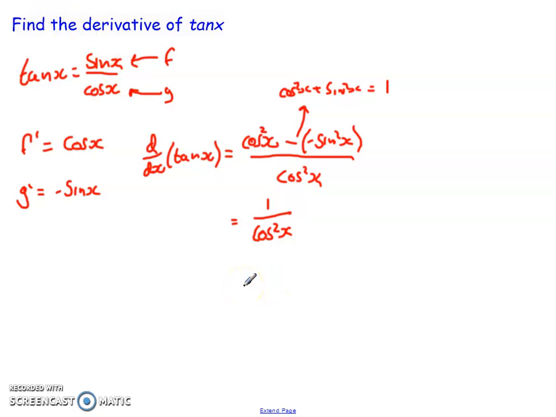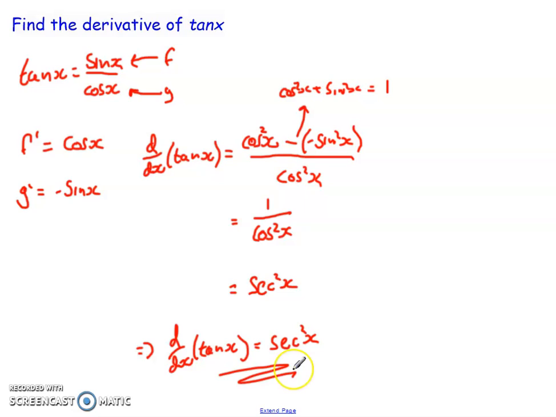Now 1 over cos is sec x. Look at the special trig functions video. So what that means is that it's sec squared x. So what we're then able to say is that the derivative d by dx of tan x is equal to sec squared x. There you go. So that's me got it done.